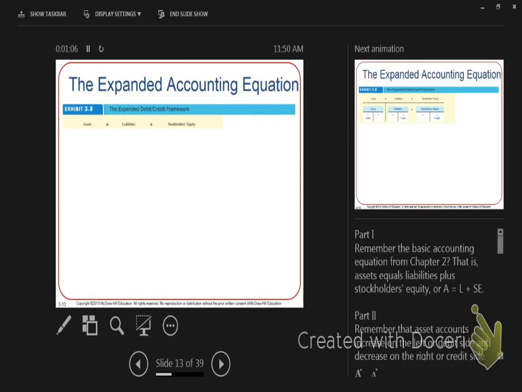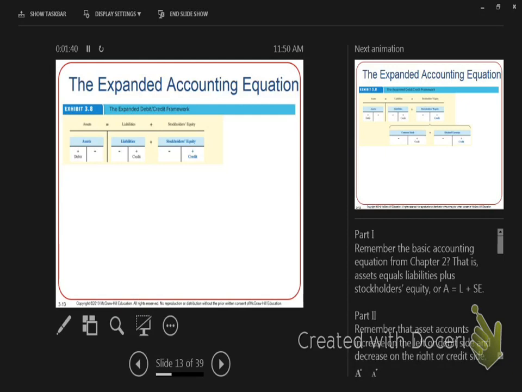If you remember the statement of retained earnings, it is beginning retained earnings plus net income minus dividends equals ending retained earnings. So what we're going to do is add three things under retained earnings: revenue, expenses, and dividends. Revenue and expenses are net income. So beginning retained earnings plus net income, which is revenue and expenses, minus dividends.